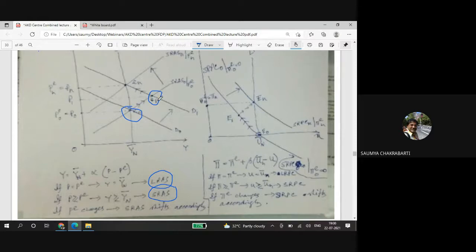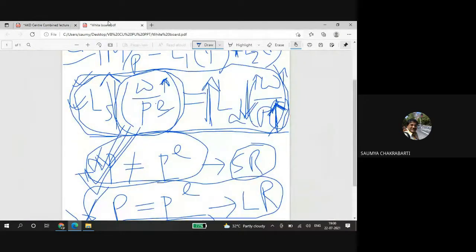Now what happens? Then slowly tomorrow, say 2 o'clock or 3 o'clock, the information starts to percolate that, oh my God, our wage had increased. I'm talking about the workers, but price has also increased. When they start going to the market and buying commodities, they understand that they have been befooled.